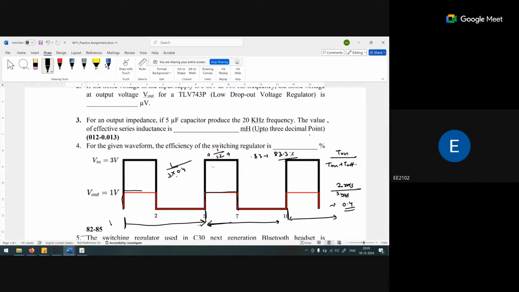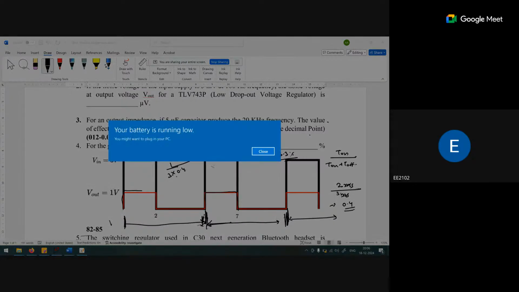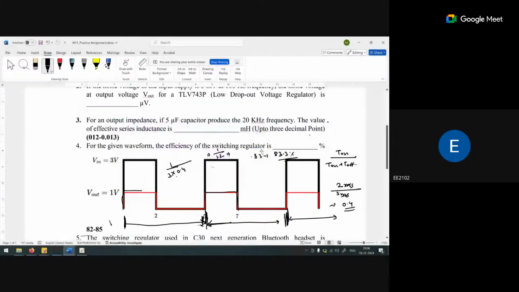So I am taking one cycle, from this to this. Clear? For how much time will it be on? It will be on from 5 to 7, that means 2.